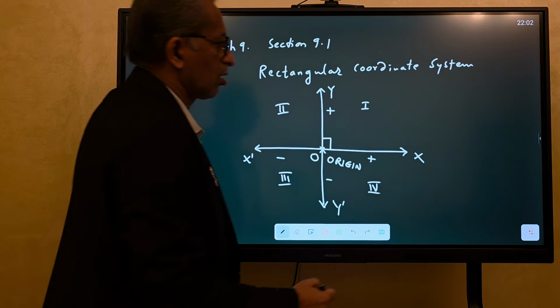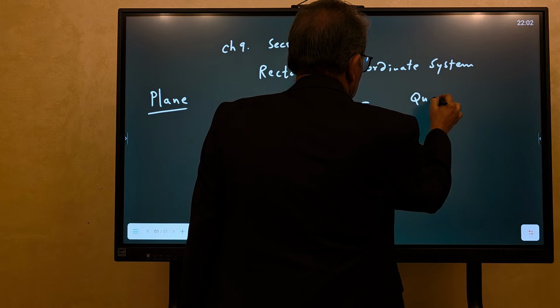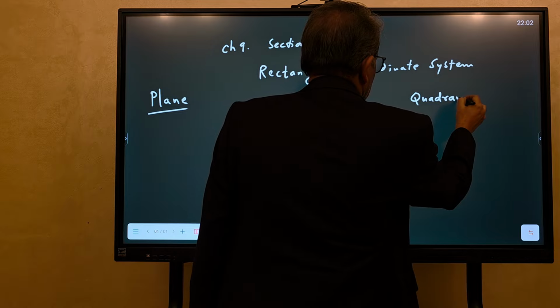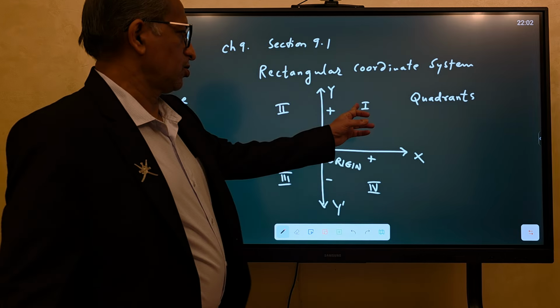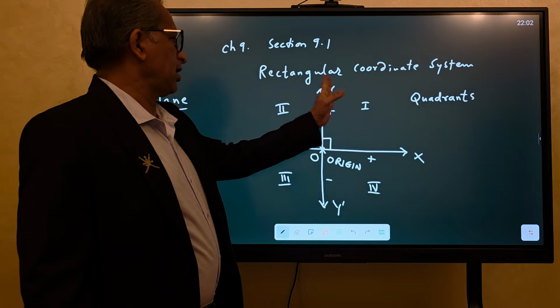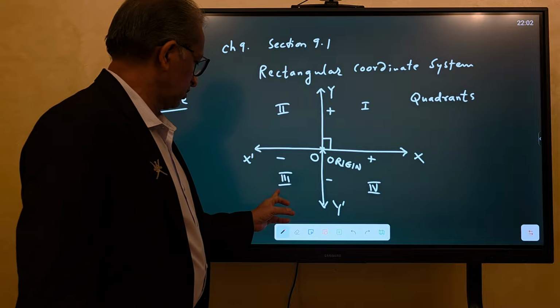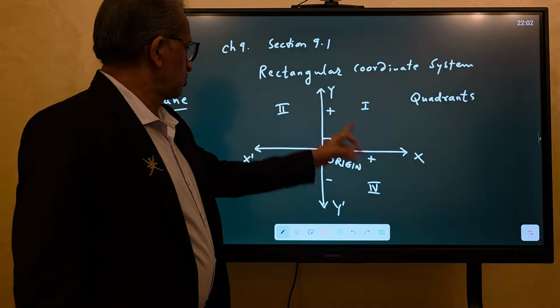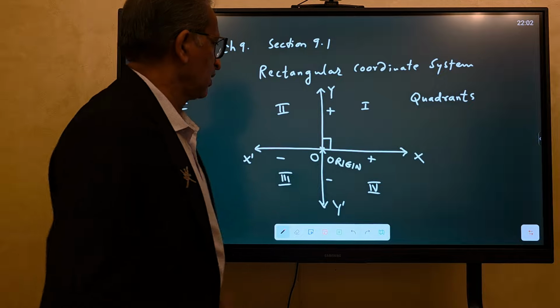And these are called quadrants. There are four quadrants. You name them in the anti-clockwise direction: 1, 2, 3 and 4. So the plane is divided into four quadrants.